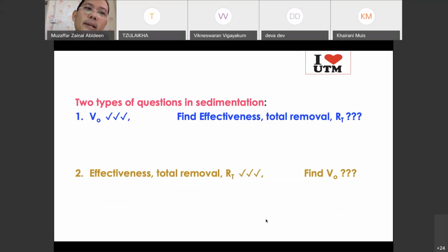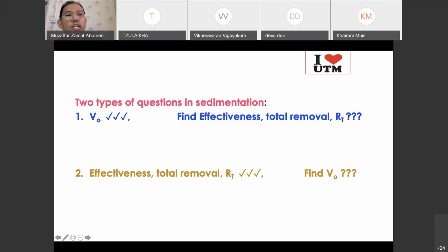And then there are two types of questions in sedimentation. I did mention that. The first one is V naught is given, so we would like to find the effectiveness, or we call it also the total removal. We symbolize it as RT. V naught is given, so find the effectiveness, or the RT.